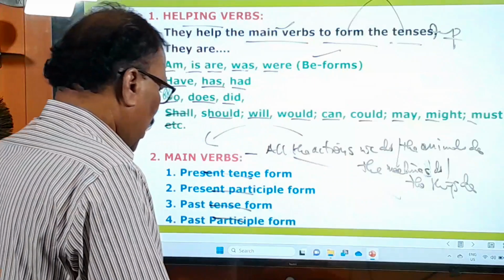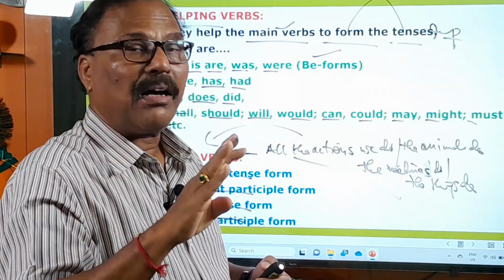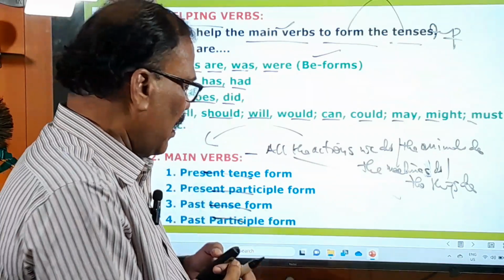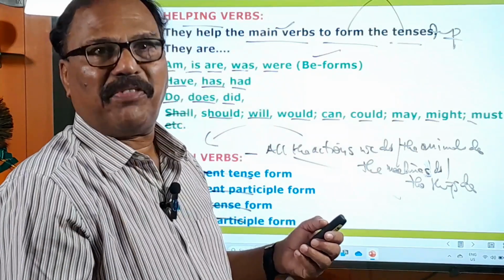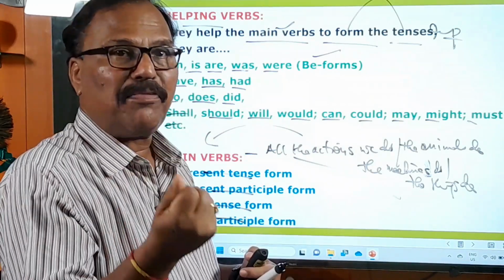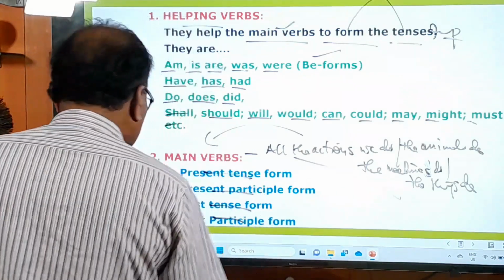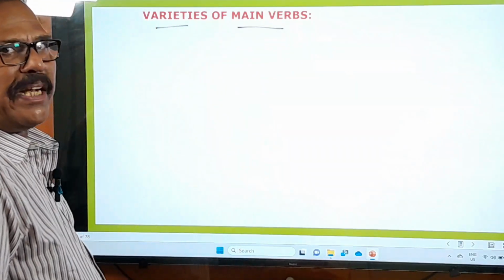Okay, right. And now there are 4 varieties in the main verbs. What are those 4 varieties? We are going to see that. You must get acquainted with those 4 varieties of verbs, because you should not get confused while learning the tenses. Okay, and let us learn about the varieties of main verbs.